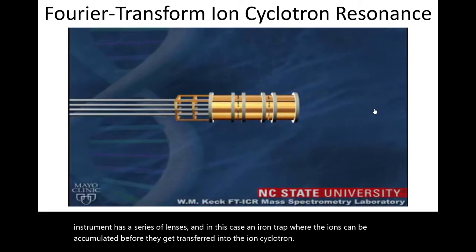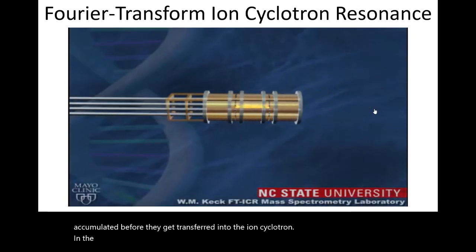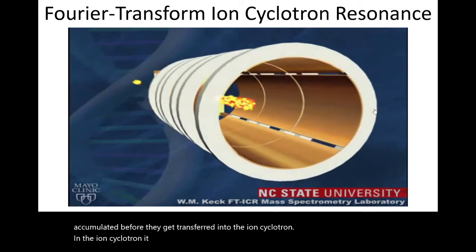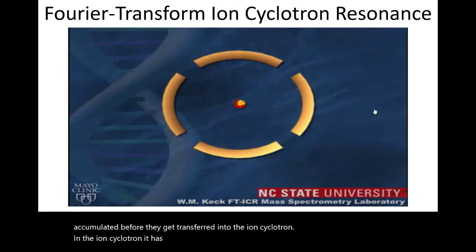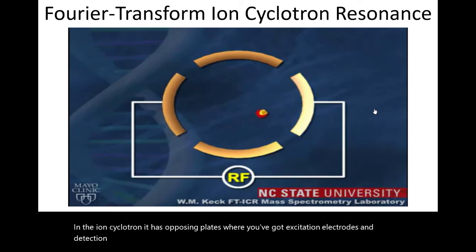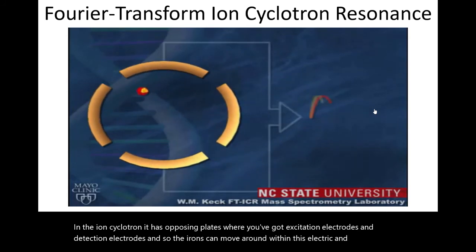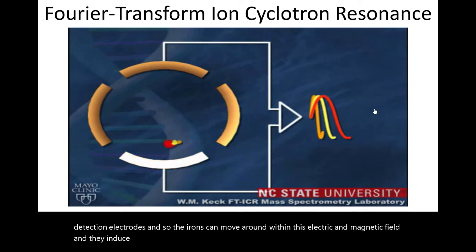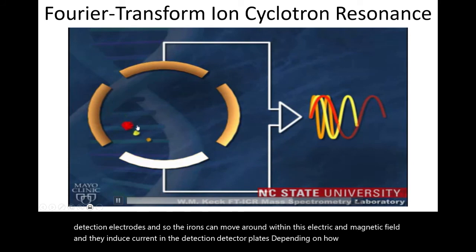In the ion cyclotron, it has opposing plates where you've got excitation electrodes and detection electrodes. And so the ions can move around within this electric and magnetic field, and they induce current in the detector plates depending on how they oscillate inside the cyclotron.